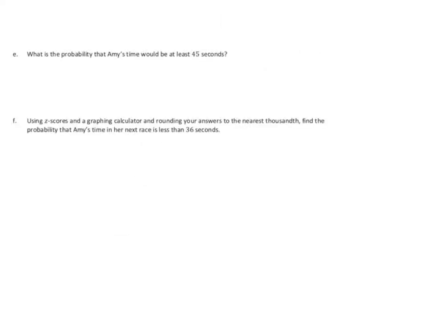What is the probability that Amy's time would be at least 45 seconds? Letter D was more than 45 seconds. So if I look at letter E, Amy's times are on a normal curve. That's terrible, I'm so sorry. A little bit better.